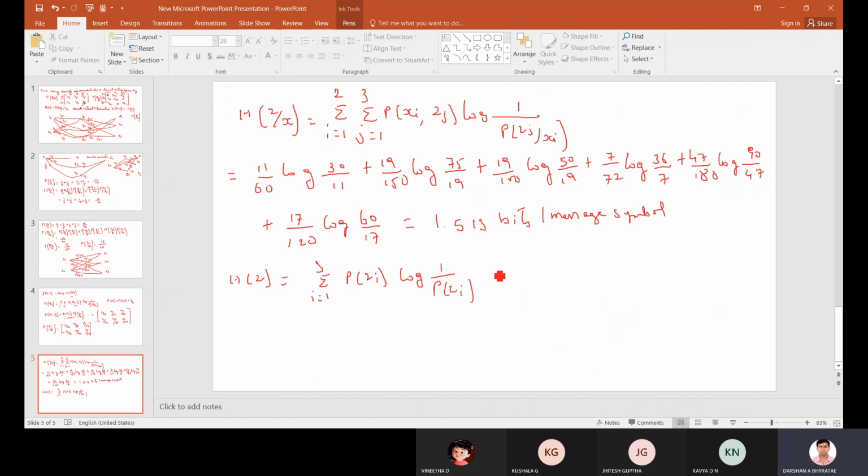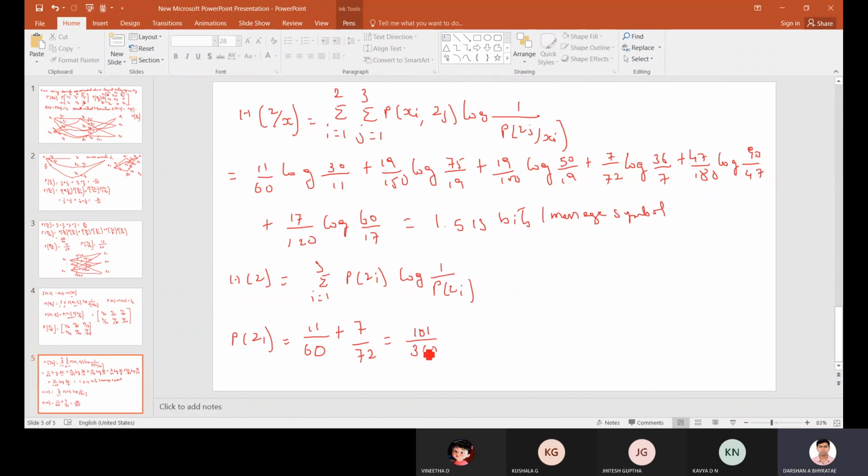Let us expand. P of z1 is equal to P of z1 by x1 plus P of z1 by x2, from the channel diagram, which is 11 by 60 plus 7 by 72. It becomes 101 by 360.